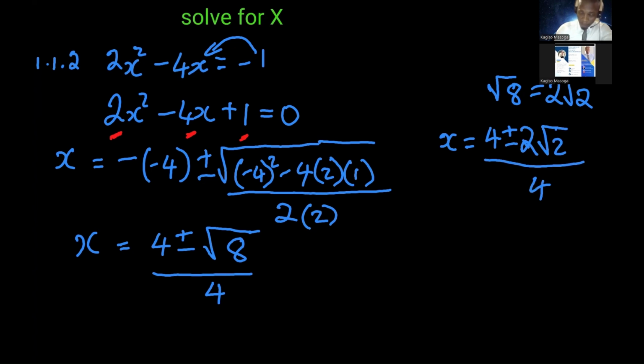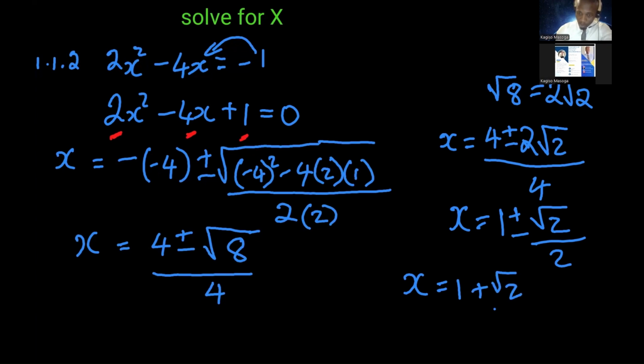So we're going to have x equals 1 plus or minus the square root of 2 over 2, which is x equals 1 plus square root of 2 over 2, or x equals 1 minus square root of 2 over 2.